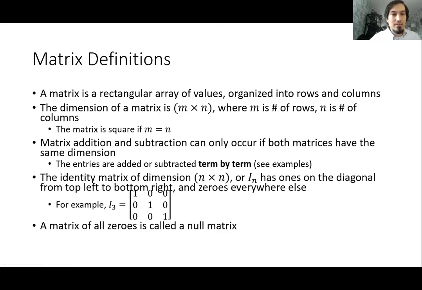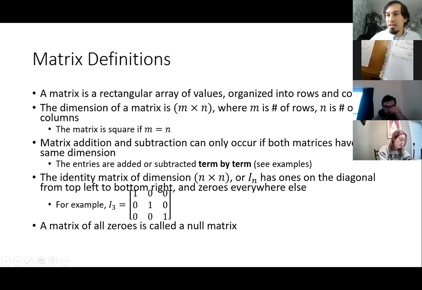All right. Stop me if you have any questions. How do we add and subtract matrices? Well, unlike numbers, which you can always add or subtract, it might not even be possible to add or subtract matrices. In fact, it is only defined if the two matrices have exactly the same dimension.